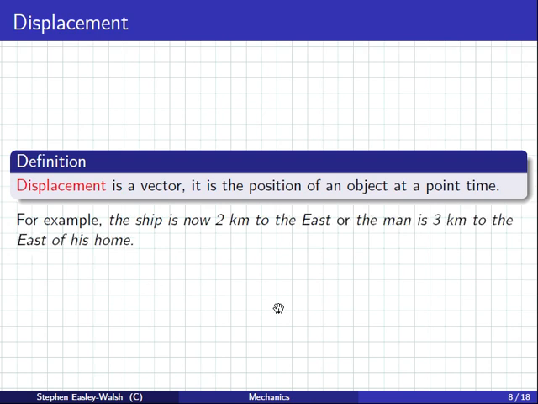Example will be the ship is 2 kilometers to the east, or the man is 3 kilometers east of his home. These are displacements.